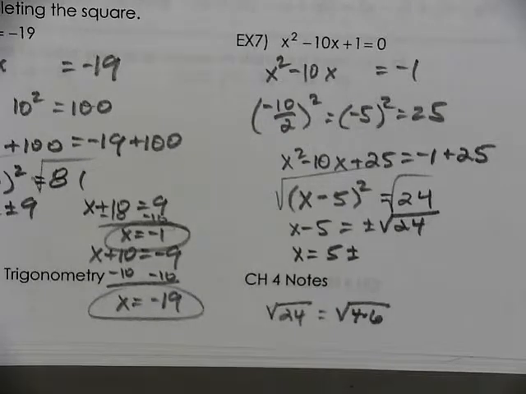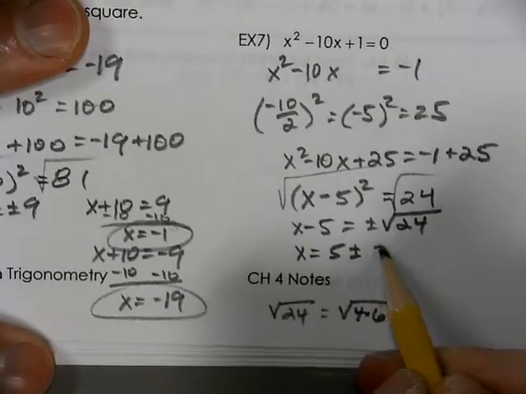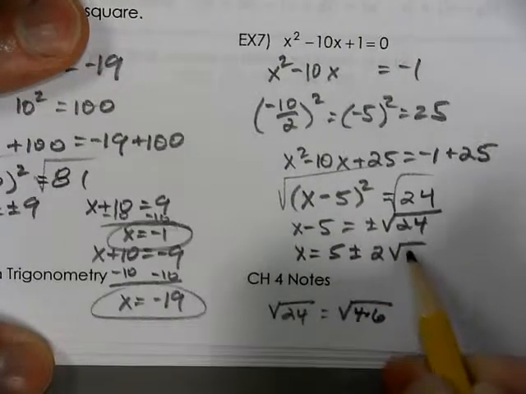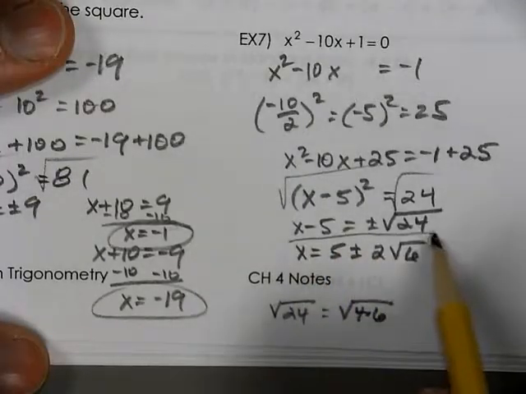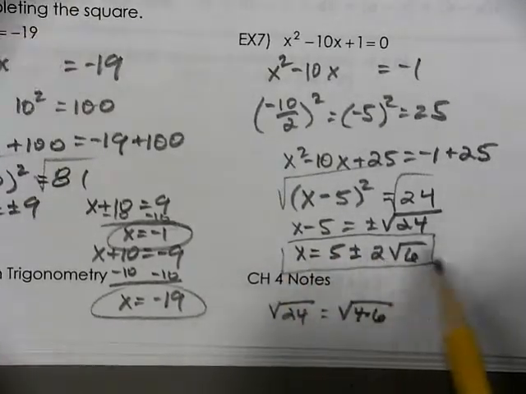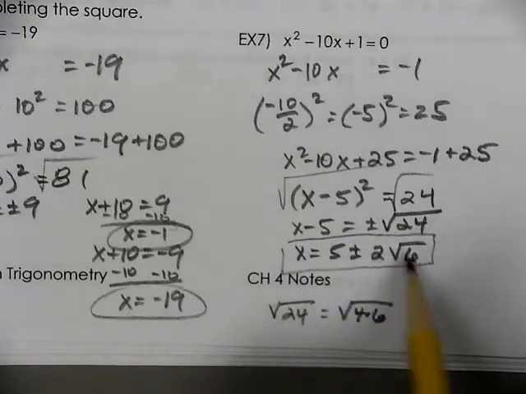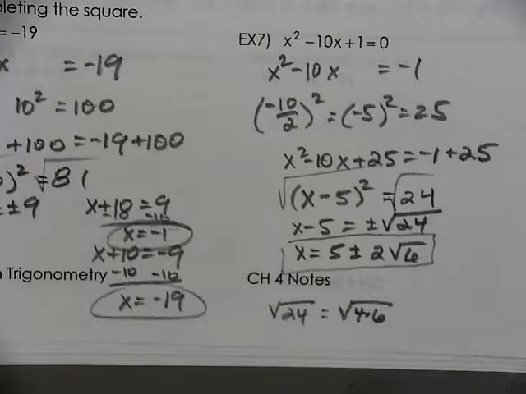That makes 24. You know the square root of 4, so we're going to call that 2 square root 6. You can either write it out twice as 5 plus 2 root 6, 5 minus 2 root 6, or you can just give your final answer in this form, because you can't group those two together.